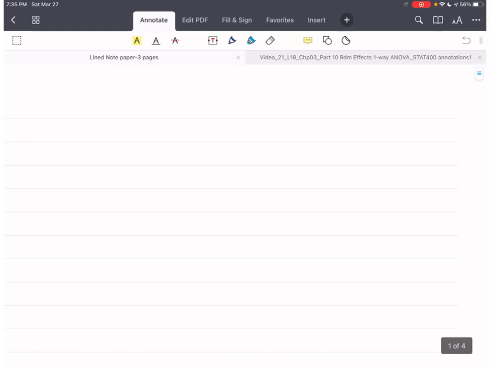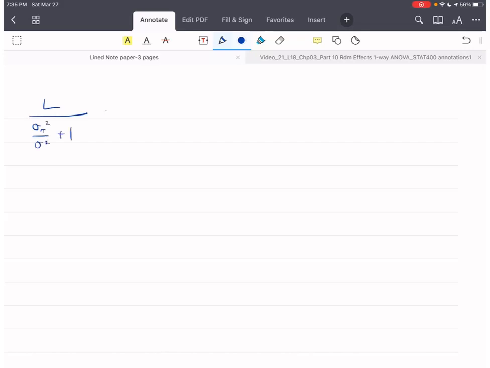So this becomes L over sigma tau squared over sigma squared plus 1. This is sigma tau squared over sigma tau squared plus sigma squared. And then I have U over sigma tau squared over sigma squared plus 1.